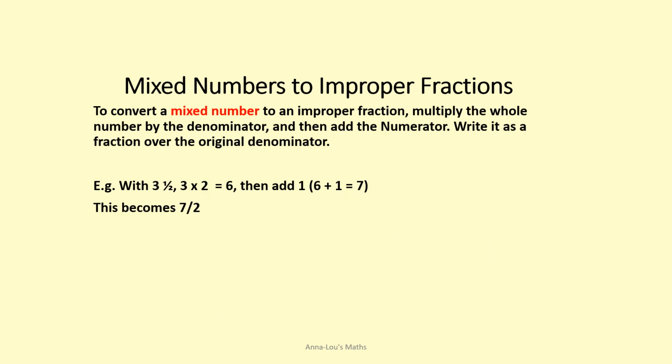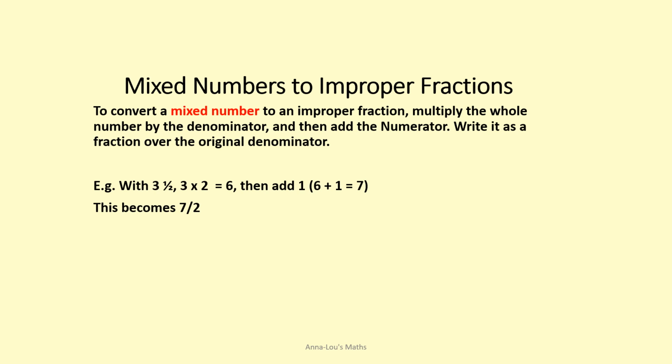Let's see if we can do it the other way, turning a mixed number into an improper fraction. The first thing I need to do is multiply my whole number by my denominator. So 3 times 2, for example, 3.5. 3 times 2 gives me 6, then add my numerator. So that's 7, and put it back over the original denominator.